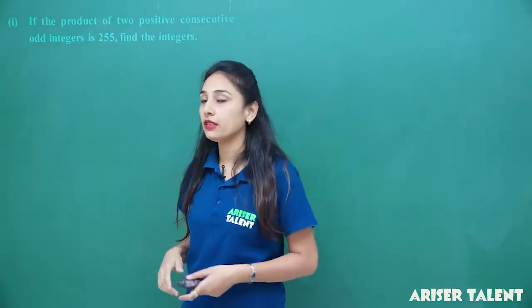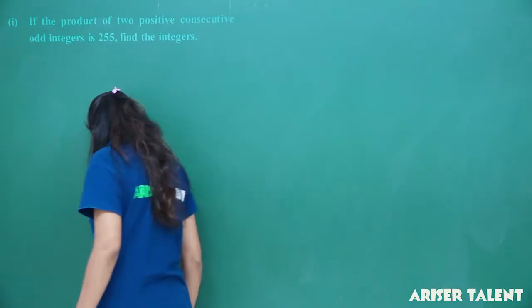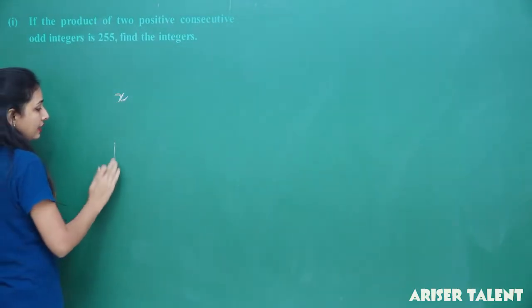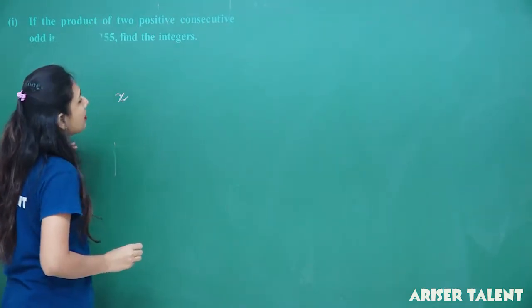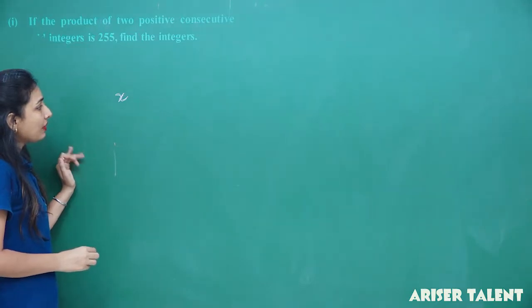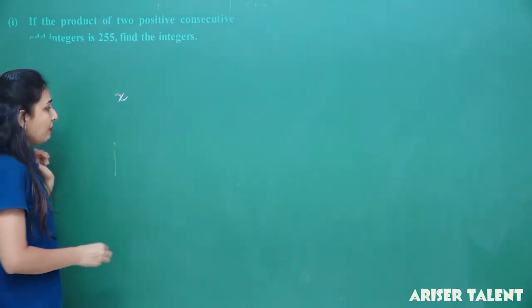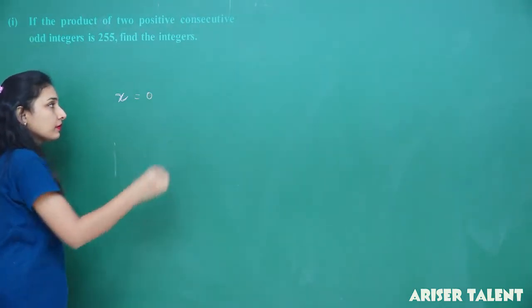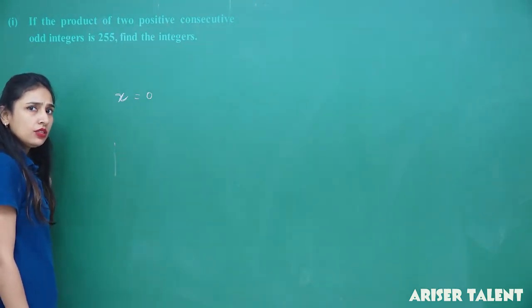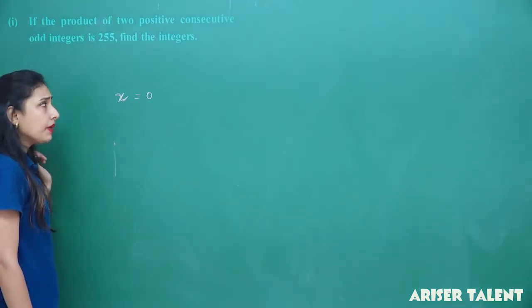We are having three things, right, students? So it's saying that we are having any number x, and then we will be having some another number. Now tell me one thing, if x equals 0, is it an odd number? 0 is not an odd number, but 1 is.